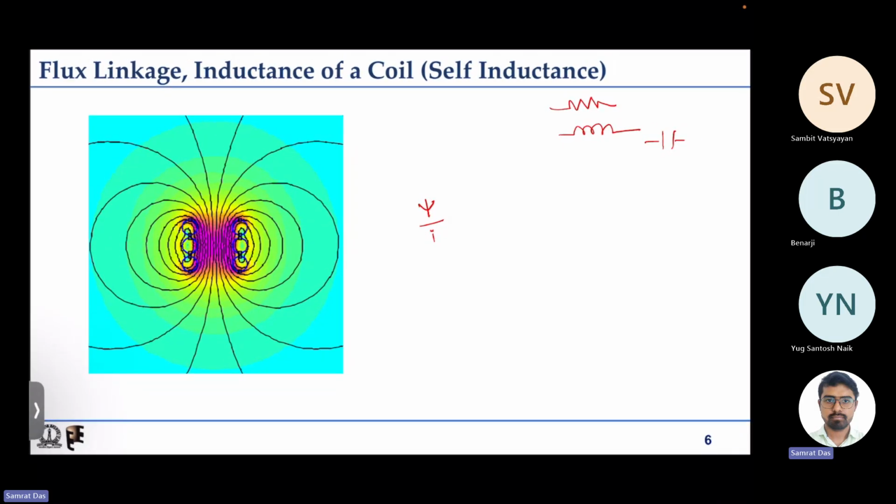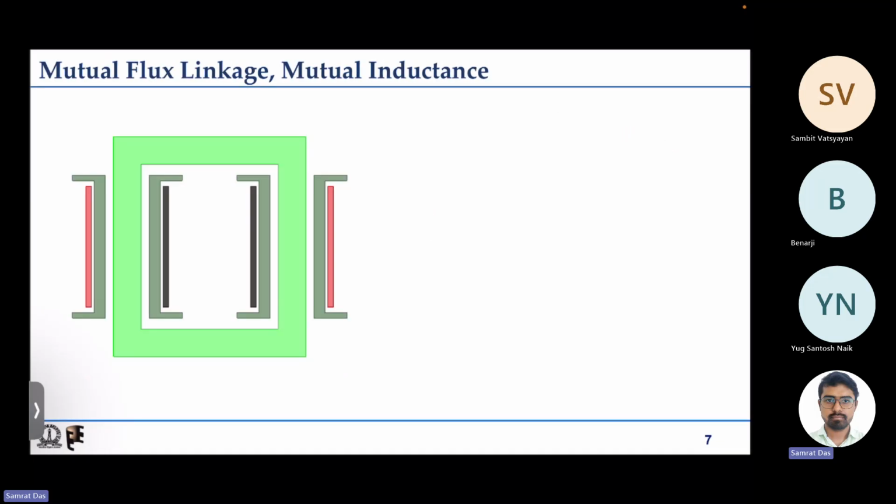Then we understood about mutual flux linkage. So if we have current in some winding, say I1, that produces some flux psi1. Part of that flux, or the complete flux, links another coil, say coil 2, and the flux linkage is psi2. Then the ratio of psi2 to I1 is the mutual inductance between these two coils.